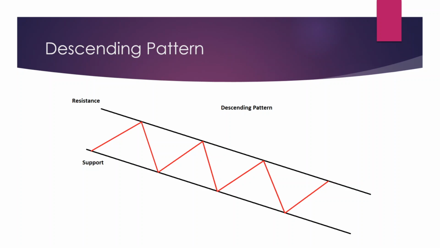You have to be very careful when you are looking at this stock, because even if you do buy at the support, you're not guaranteed to make money because the resistance is going down as well, the support is going down.